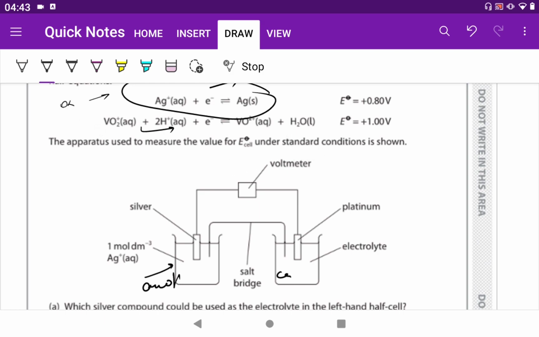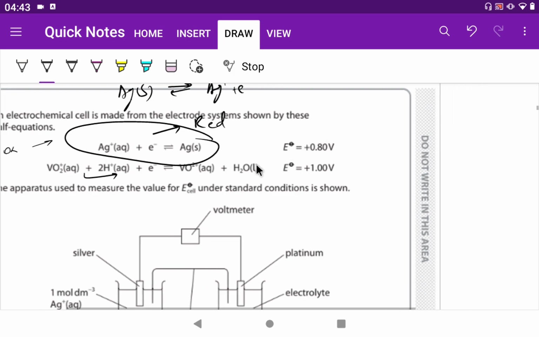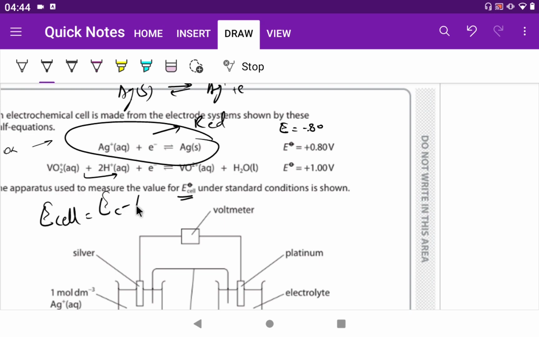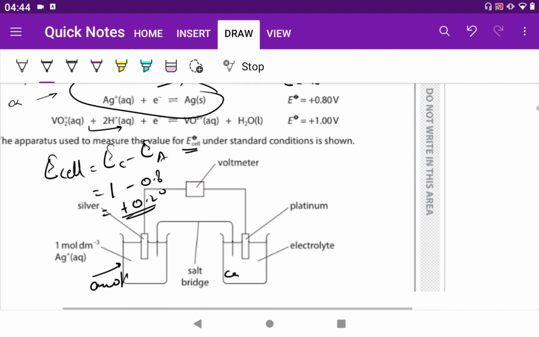So here it is reduction, and this is for oxidation. When we change the sign of it, this will become minus 0.8. E cell will be E cathode minus E anode. So it's 1 minus 0.8, so it will be positive 0.20.